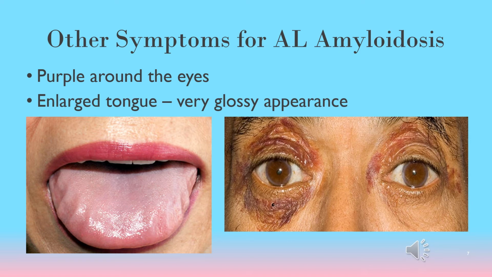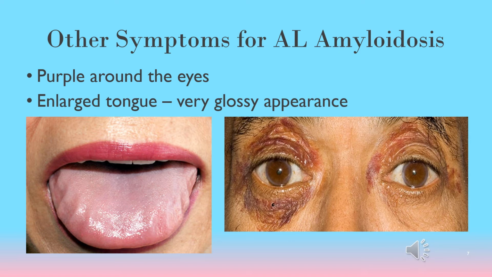But these are very telltale signs that can present themselves before anything else. And you'll notice not only is the tongue enlarged, but it's got kind of areas of bumpiness around it. That is another telltale sign: it will not be smooth in nature. It will be very bumpy in nature, in addition to being glossy in appearance.